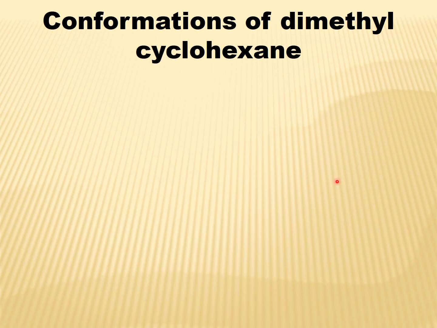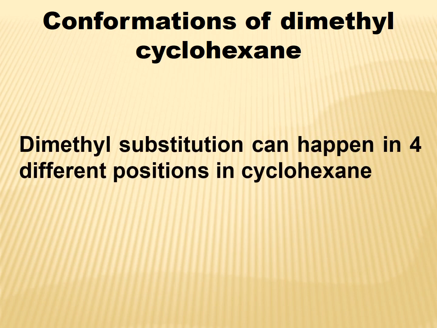Coming on to conformations of dimethyl cyclohexane. In case of dimethyl cyclohexane, there are 4 different isomers that are possible. Dimethyl substitution can happen in 4 different positions in cyclohexane, that is 1,1, 1,2, 1,3 and 1,4 positions.